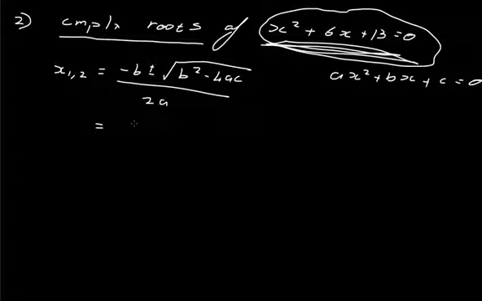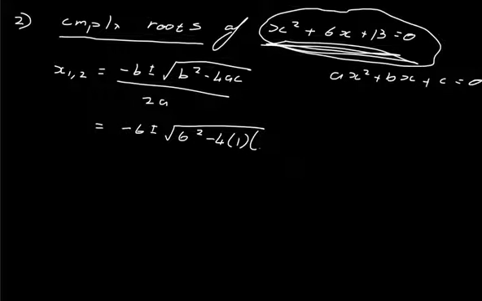So negative b is negative 6, so minus 6 plus or minus the square root of b squared, where b is once again 6 squared, minus 4, what is a? Look at the form, a is in front of x squared. What's the coefficient, or the number in front of x squared? It is 1.